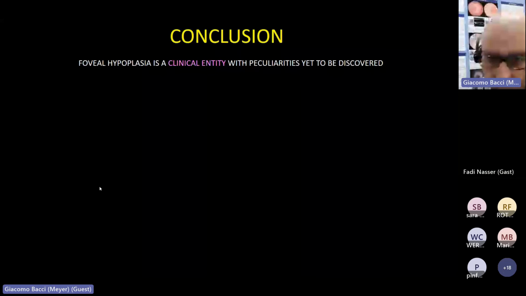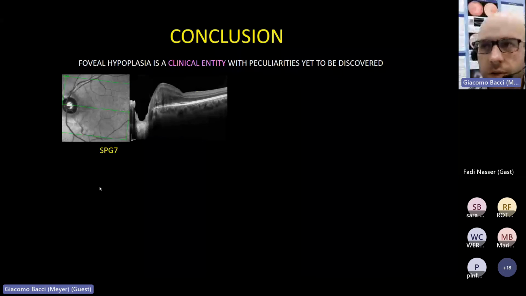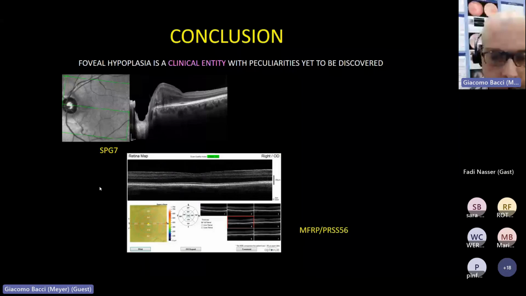Even patients with SPG7 mutations, affected by a form of hereditary spastic paraplegia, present with this kind of feature, such as foveal hypoplasia, and patients in the spectrum of nanophthalmos and microphthalmos affected by MFRP or PRSS56 mutations can present with variable degrees of foveal hypoplasia.